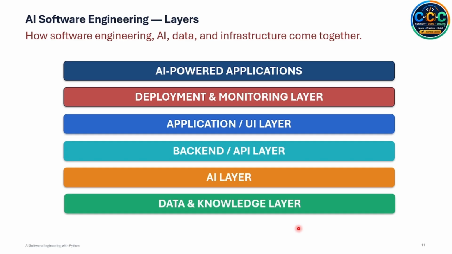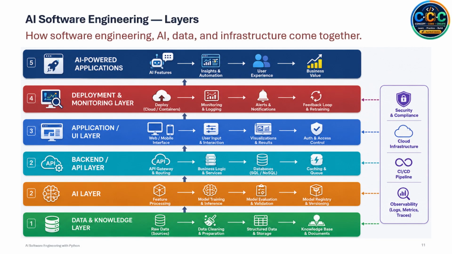So how do software engineering, AI, data and infrastructure come together? In today's world, when you are building any intelligent system, you build it on data and knowledge, and you create an AI layer. To use that AI model, you need a backend or API layer to connect with it. On top of that, you need an application or user interface through which users can interact with the AI model.